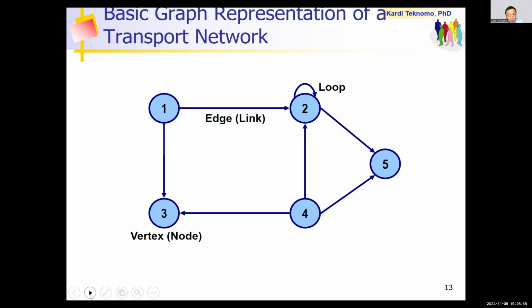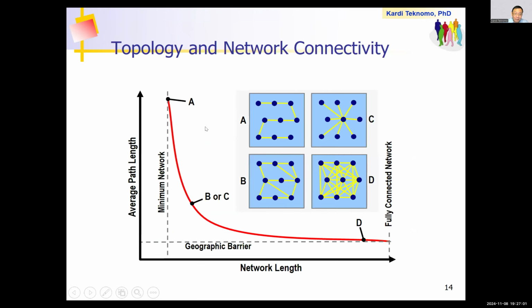Now if you want to study in more detail, a network has some kind of topology. So for example, A is this kind of topology, C is like a star, B is the usual network, and D is probably a very complete network, more complex, where every node is connected to every other node. Then you can start to see there is some pattern between the network topology and the connectivity.